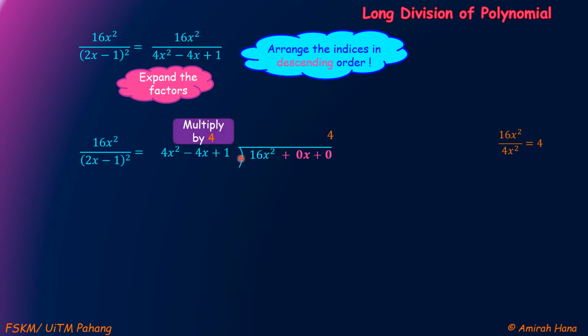After that, we need to multiply the divisor by 4. We multiply 4x squared by 4 and put it here: 4x squared times 4 equals 16x squared, and then minus 4x times 4 equals negative 16x, and positive 1 times 4 equals positive 4.